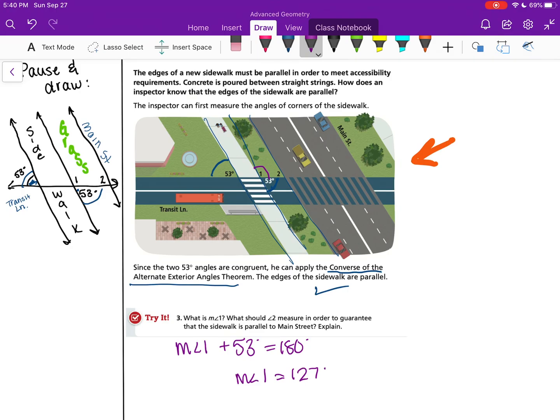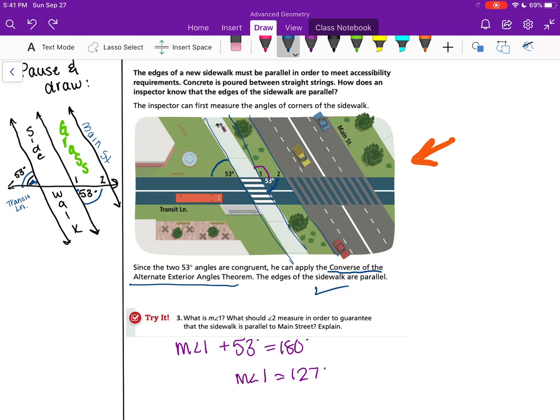What should the measure of angle 2 be in order to guarantee that the sidewalk is parallel to the main street? If we want to know that the sidewalk is parallel to the main street, what do the measures of angle 1 and angle 2 have to add up to?